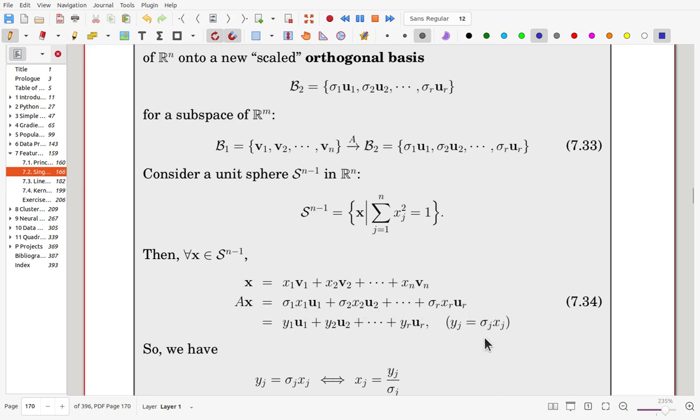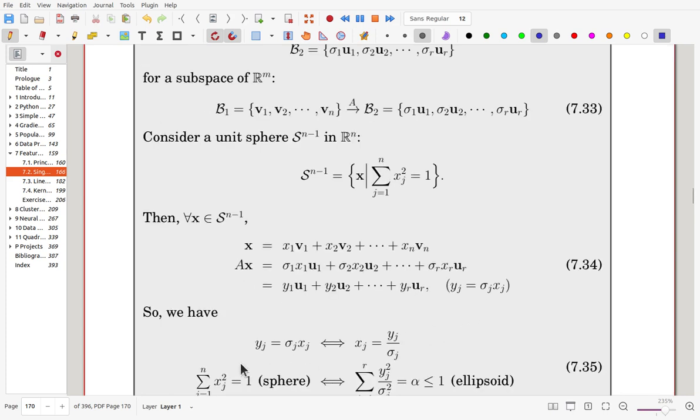Now we define yj as sigma j xj, so xj is yj over sigma j.